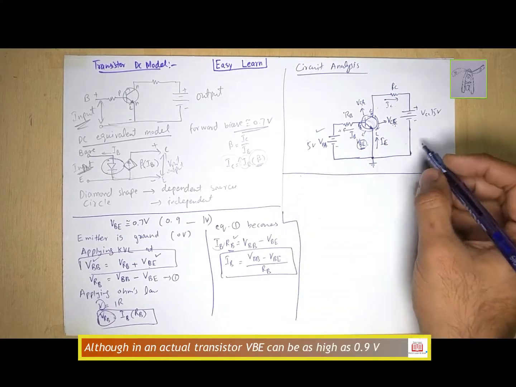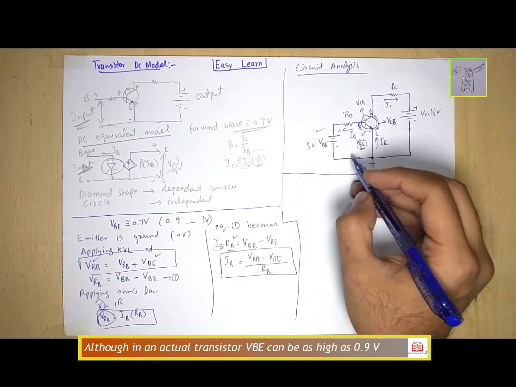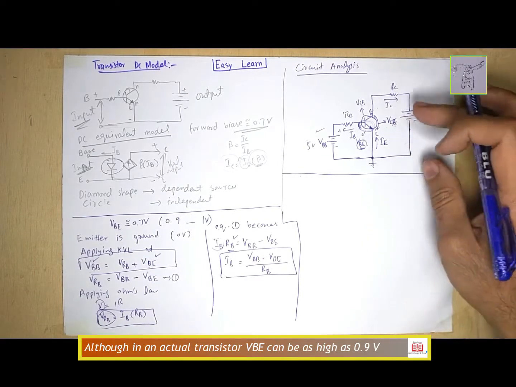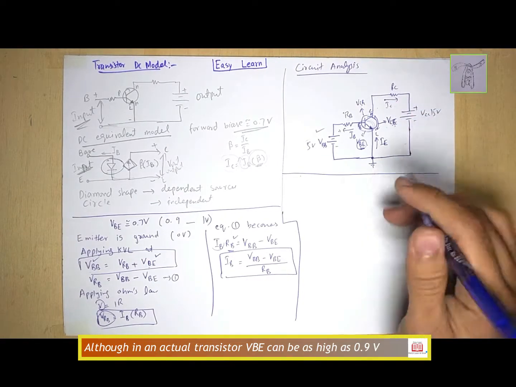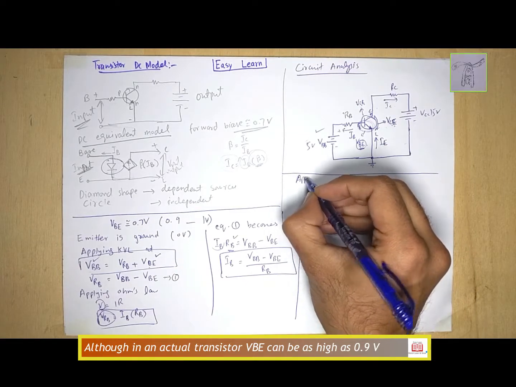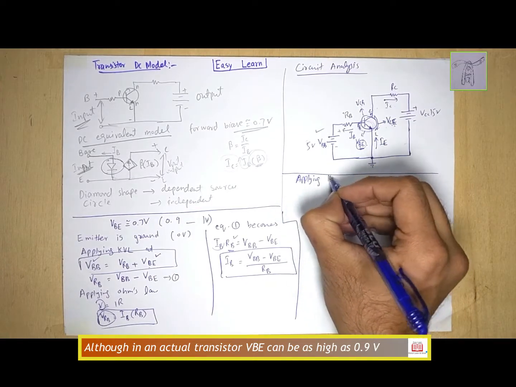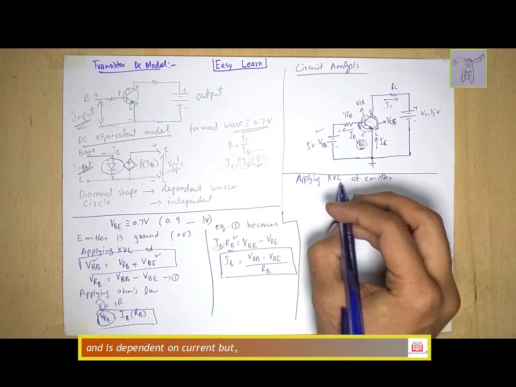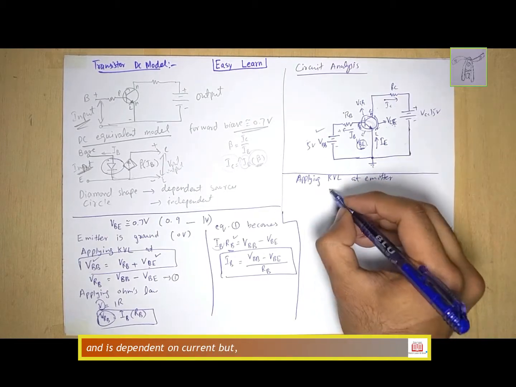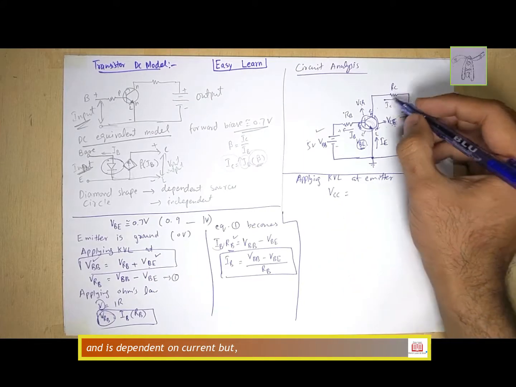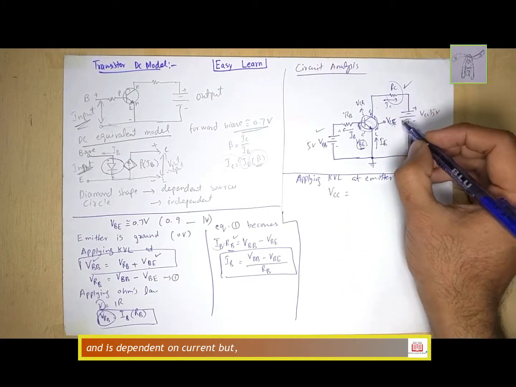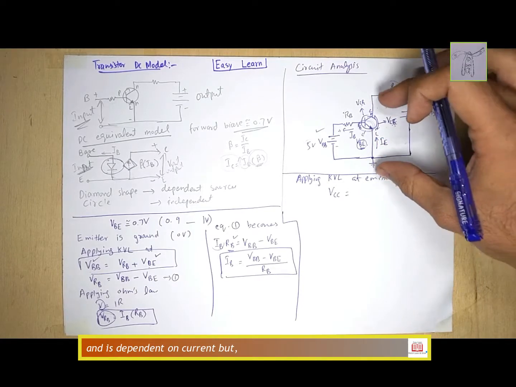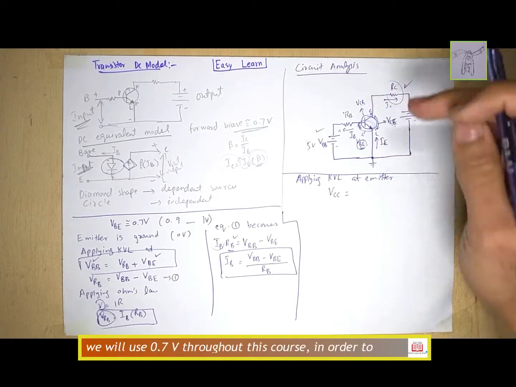Anyway, now we are going to apply the KVL at the emitter loop, the voltage at the collector with respect to this grounded emitter. Applying KVL at emitter. Here VCC is an active source and consumed across RC number 1 and across this whole bipolar junction transistor, in other words, across the emitter and collector region.